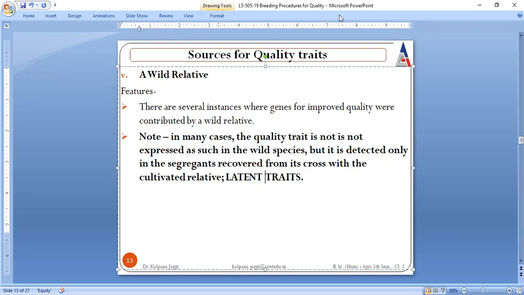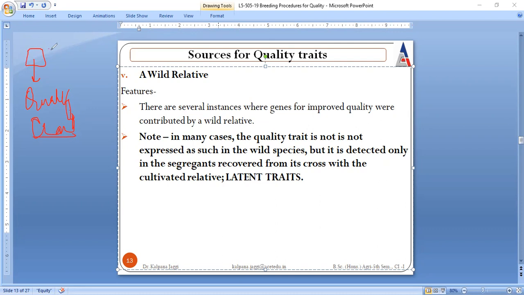But one drawback when we consider a wild relative as a source for a quality trait is that sometimes the quality trait is present but does not express itself within the wild relative.